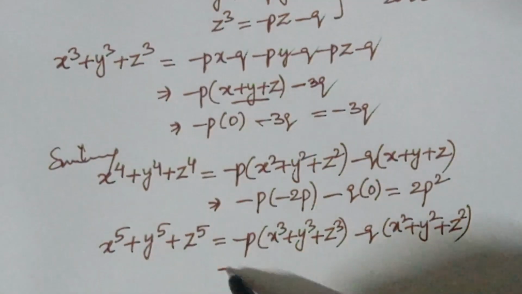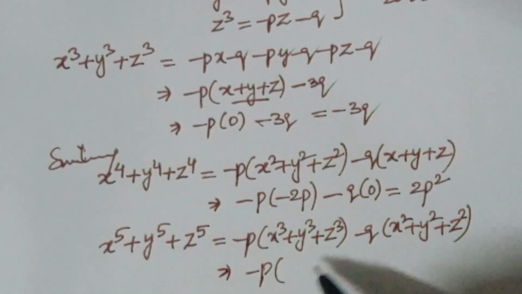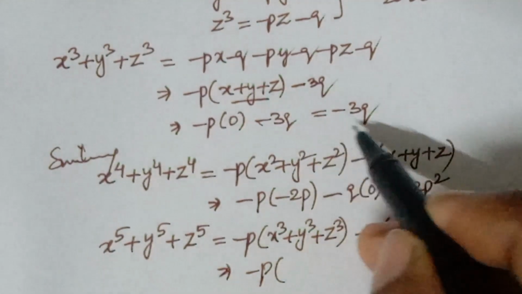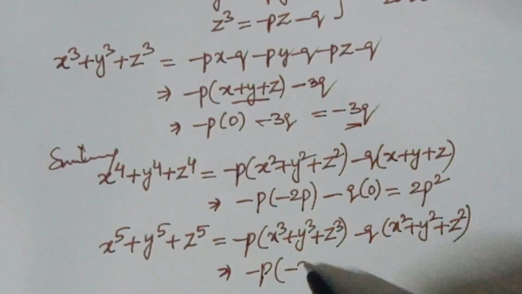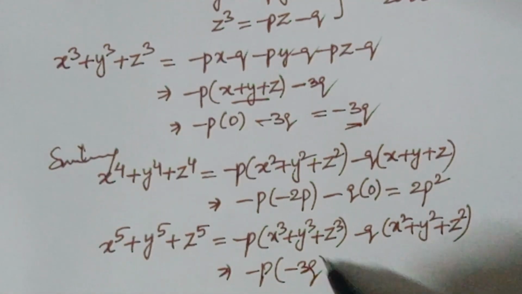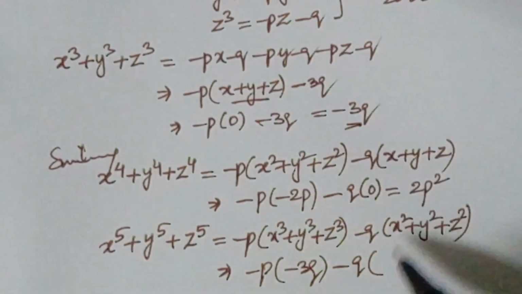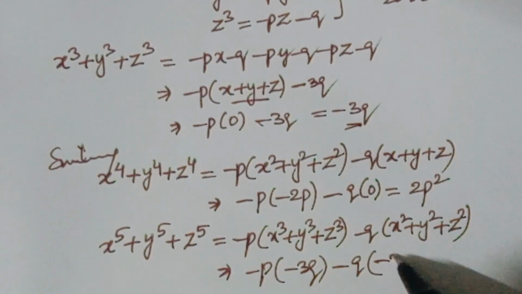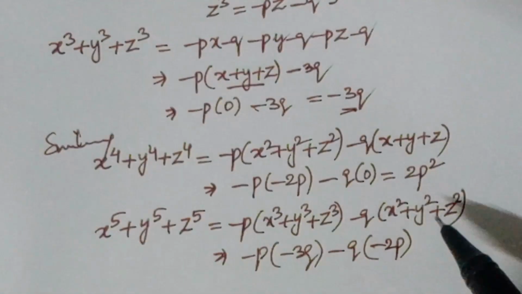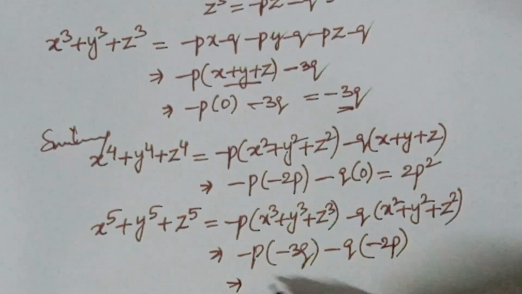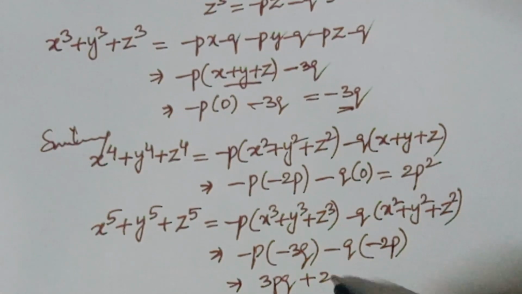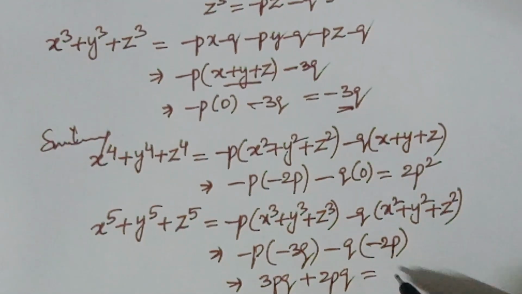Now if you substitute the values here, minus p of minus 3q, minus q into minus 2p. So here we will get 3pq plus 2pq, you will get 5pq.